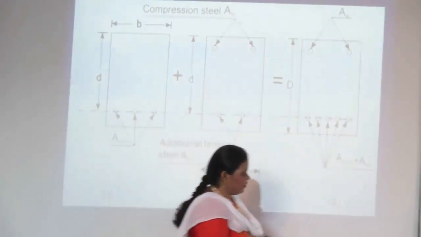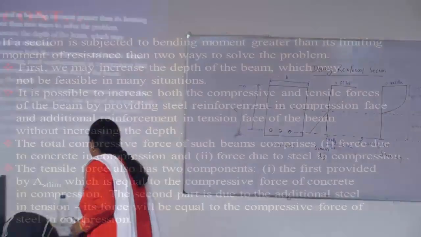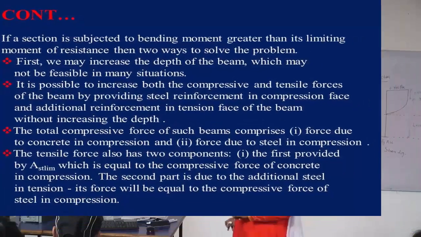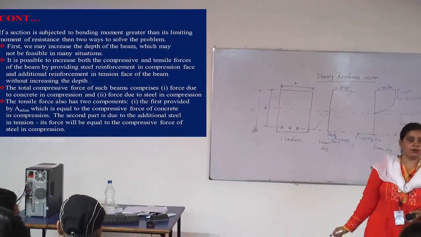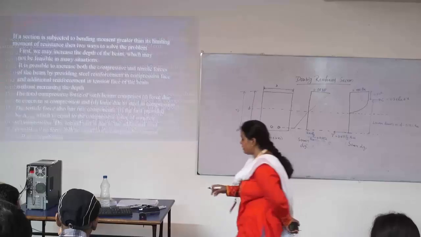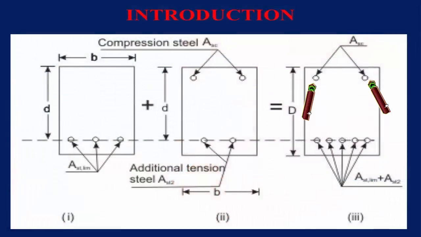So before going to discuss the doubly reinforced section, first we have to know what we are going to do in the doubly reinforced section. Let's see here: in the compression zone we have 2 bars and in the tension zone we have 2 bars.